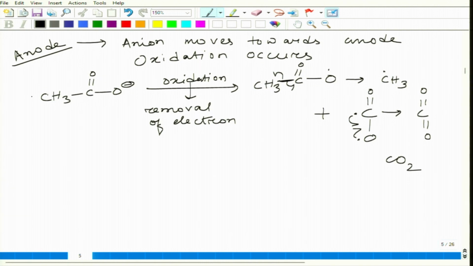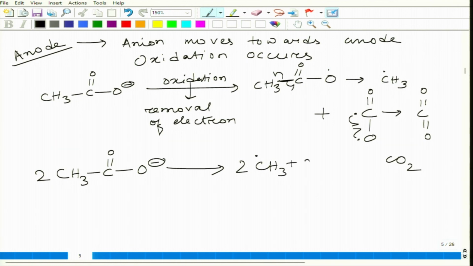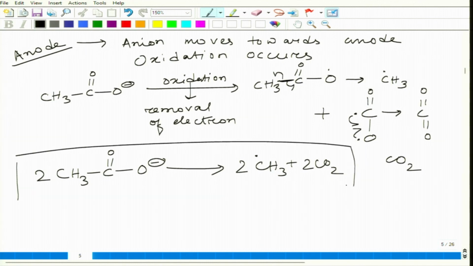Now, since we had started with 2 acetate ions, right? So, 2 acetate ions will give 2 methyl free radicals and 2 carbon dioxide. This is the reaction that occurs in the anode.